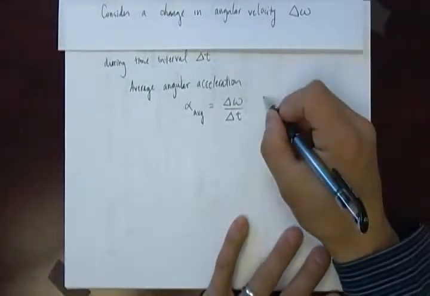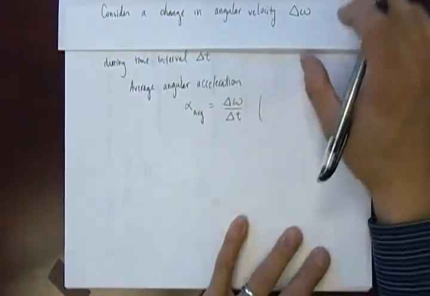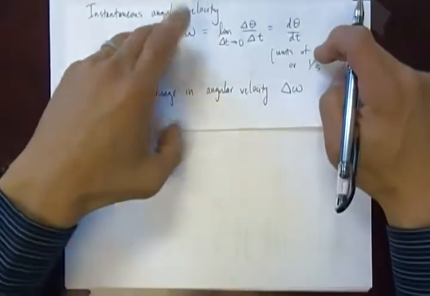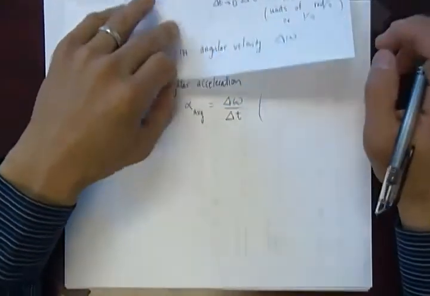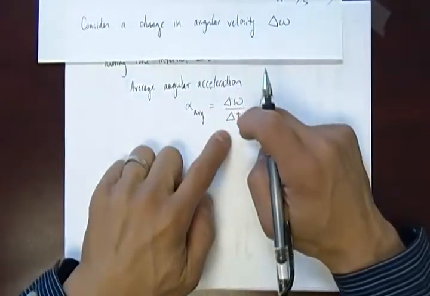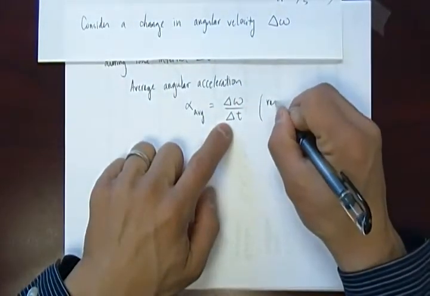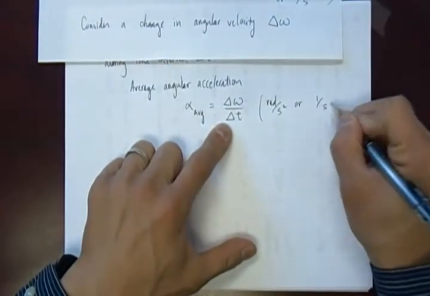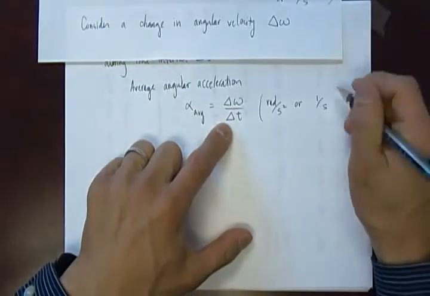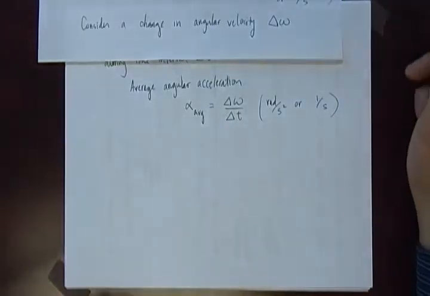Okay. And this will have units of, well, let's see, omega has units of radians per second, so then delta omega over delta t will have units of radians per second squared. Or if we're playing this slightly sloppy game of not writing all our radians out, 1 over seconds squared. Okay?